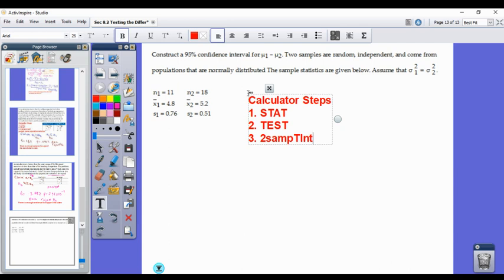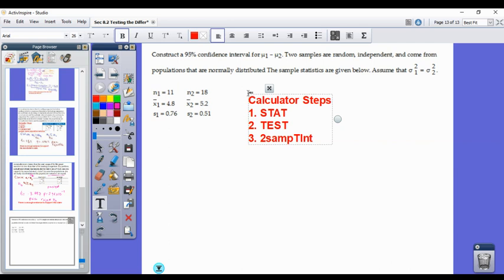Okay, and so once you go there, you have 2 options again to do data or statistics. So in this case, we're going to be doing statistics.